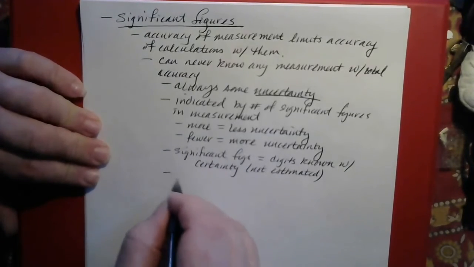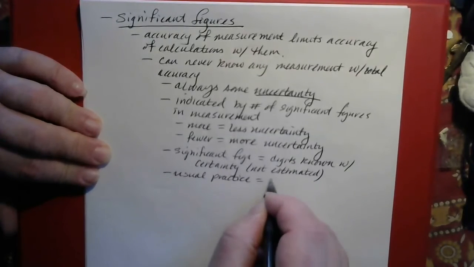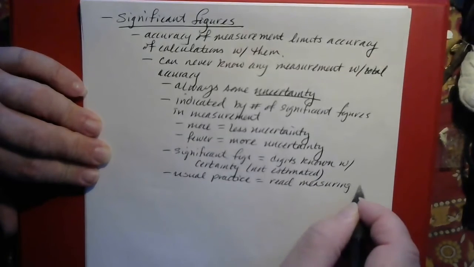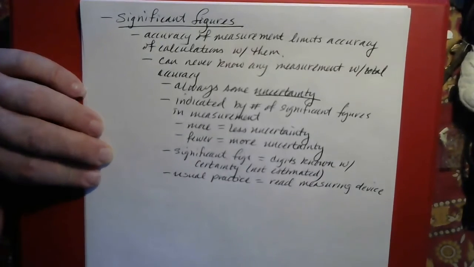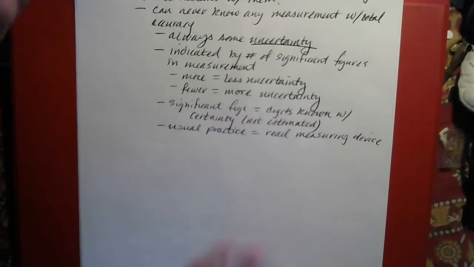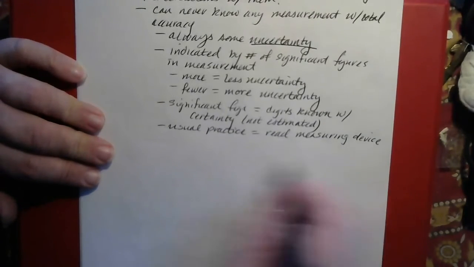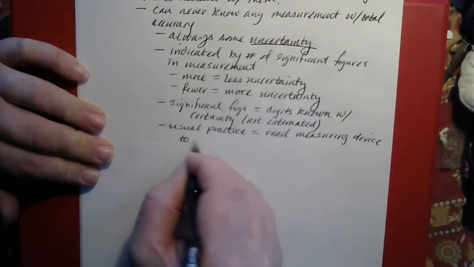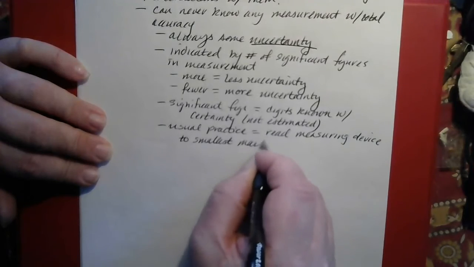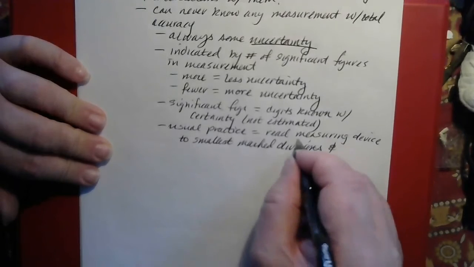Our usual practice is that you take a measurement by reading the measuring device to the smallest marked divisions, and estimate one place beyond that.